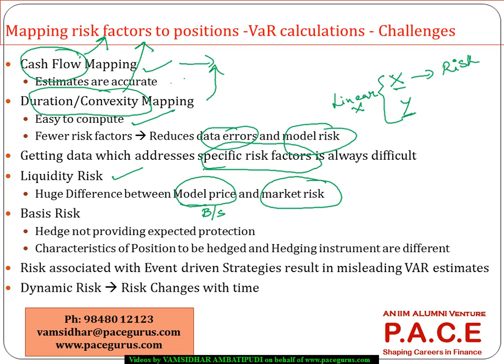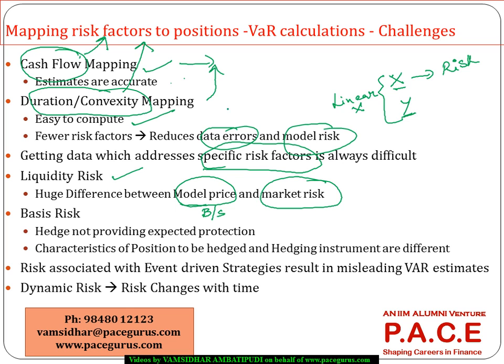So if the position that is getting hedged and the instrument that I am using for hedging are not properly correlated, that could definitely give rise to a basis risk. Even that has to be mapped with respect to the positions.